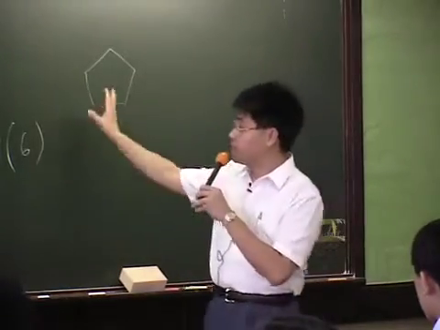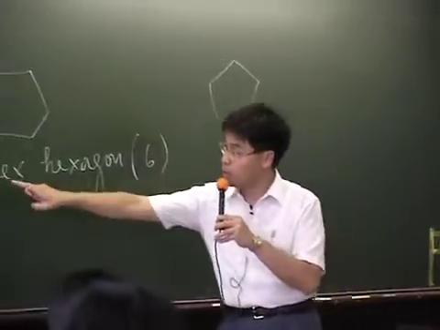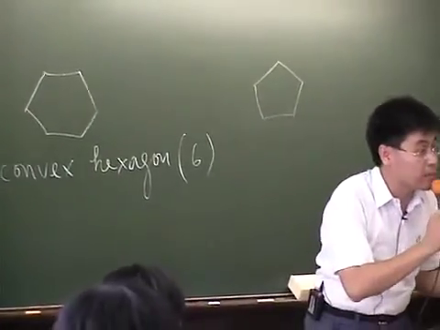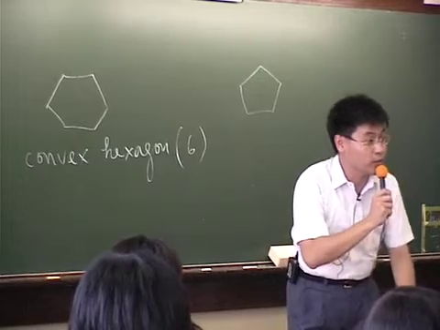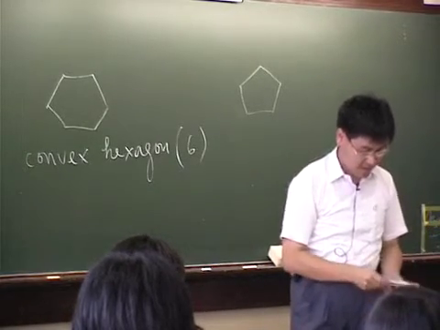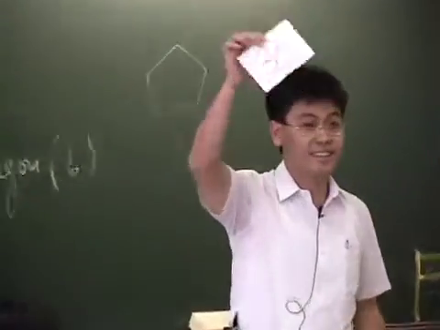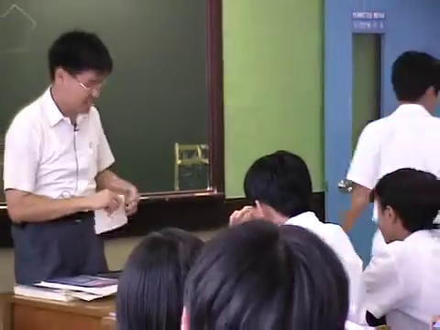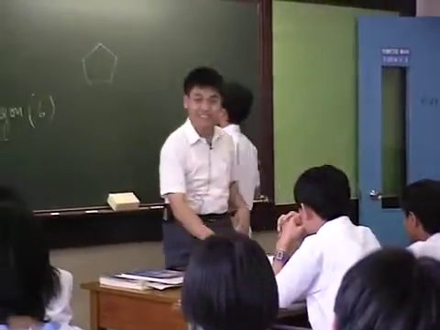I want you to draw another type of polygon, another property. For these two types, they are the same. We call them convex. Okay, convex. I want you to draw another type. Do you know another type? I don't know whether you know or not. You try.